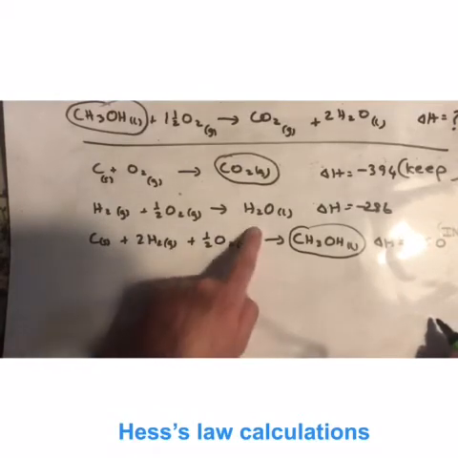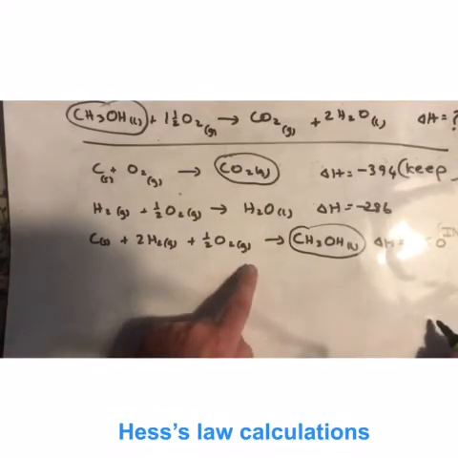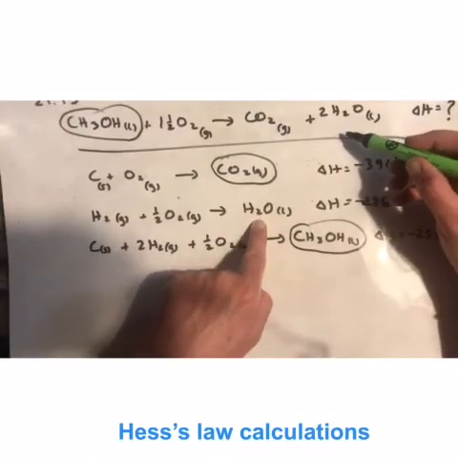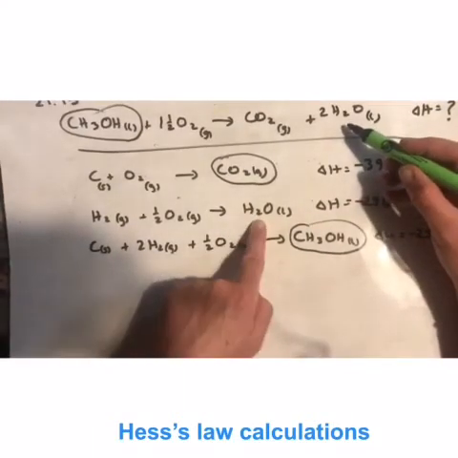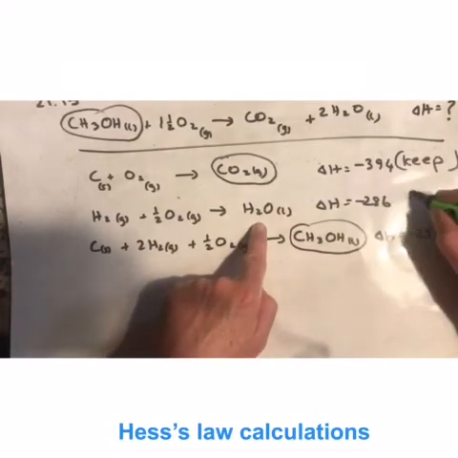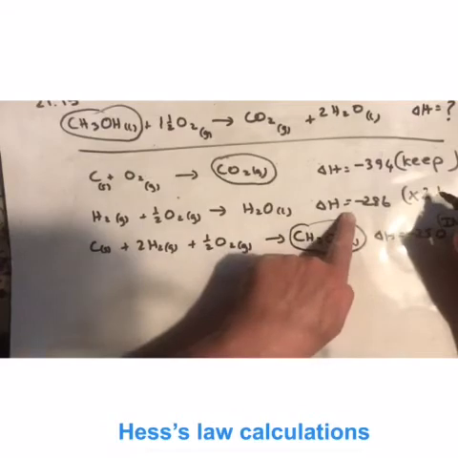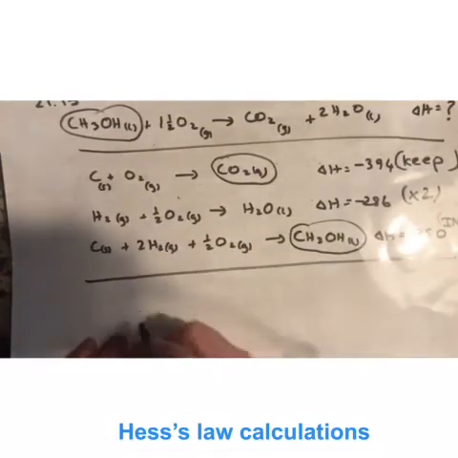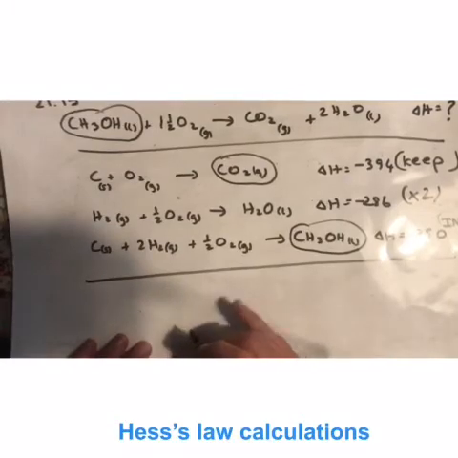Now, what other bits are similar? So we have 2 H2O's up here, in the thing that we want, but we only have one here, so we're going to multiply this across by 2, which means we're going to have to multiply our delta H by 2 as well. Okay, so let's do that. So first one we're going to keep.